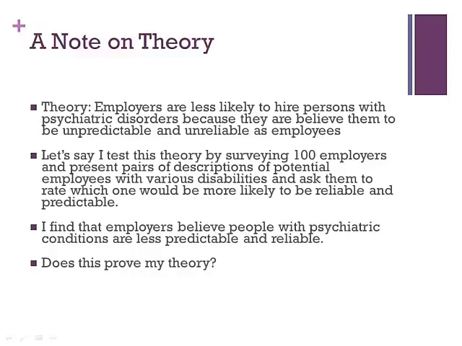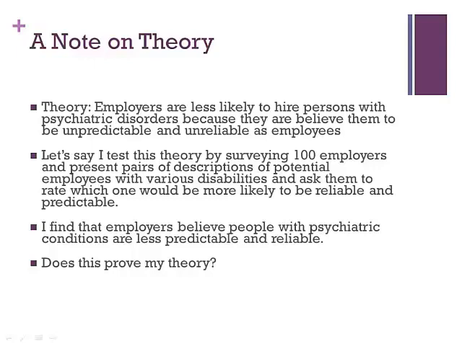One with a certain kind of disability, let's say, and one with a psychiatric condition. And we ask them to rate which one would be more likely to be reliable and predictable.